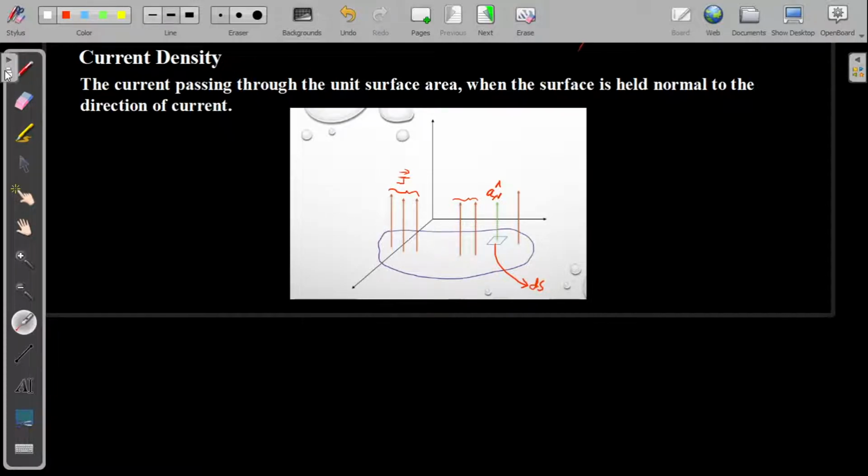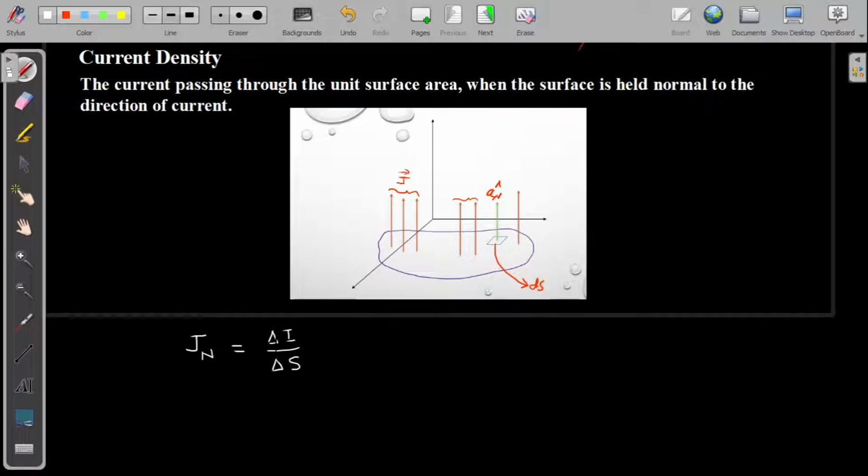So going with the definition, can I write Jn, that is the normal component of my current density, as incremental current, a small current, divided by small surface? This should have some meaning, right? Because current density is defined as current per unit surface area.